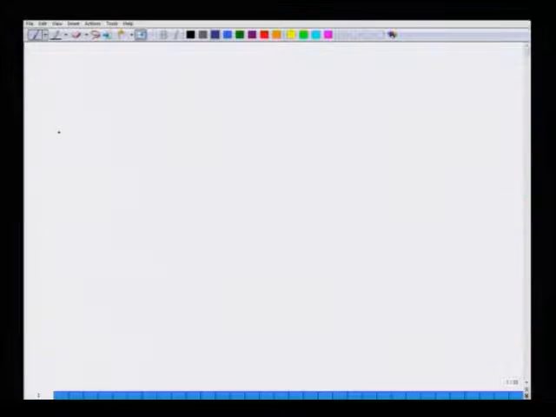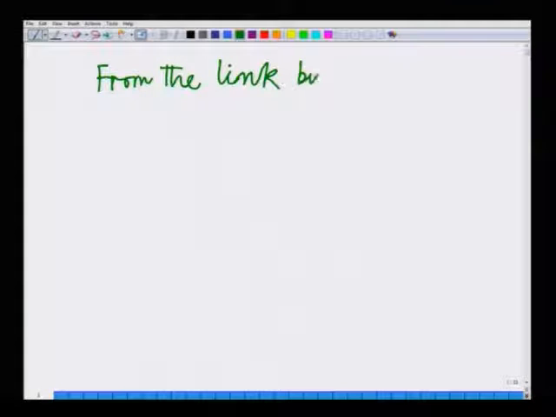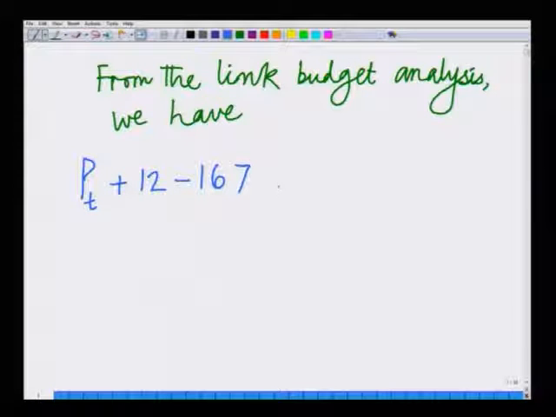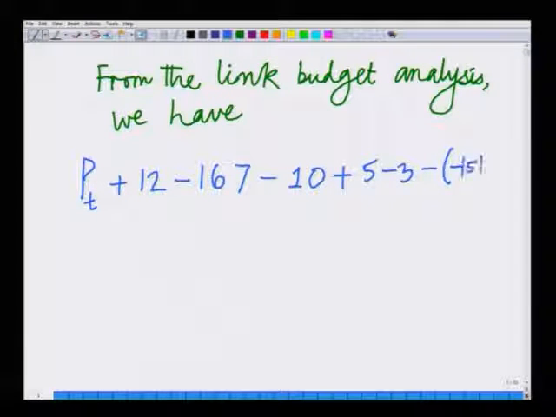I can write from the link budget analysis, we have PT plus 12 minus 167 minus 10 plus 5 minus 3 minus 151 equals 37 dB, which is the required SNR.